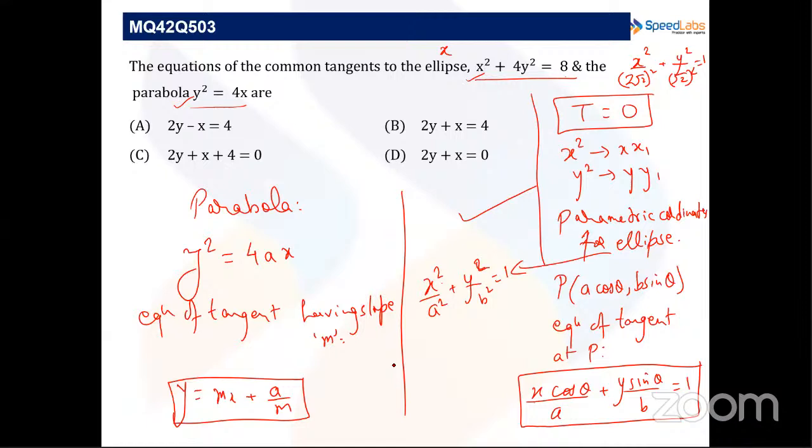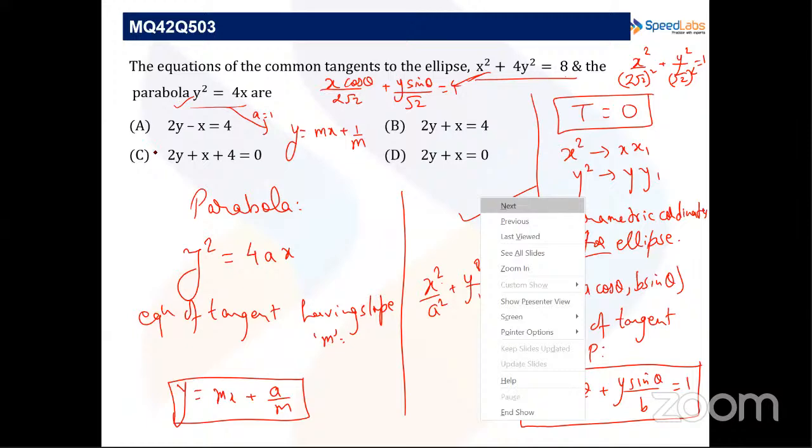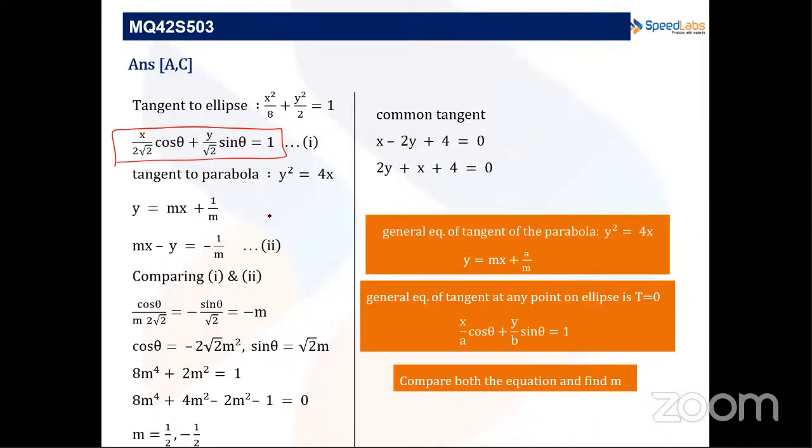So for the ellipse, x cos theta by 2 root 2 plus y sin theta by root 2 equals 1. For the parabola, since a equals 1, we have y equals mx plus 1 by m. This is our equation of tangent to the ellipse, and this is our equation of tangent to the parabola.